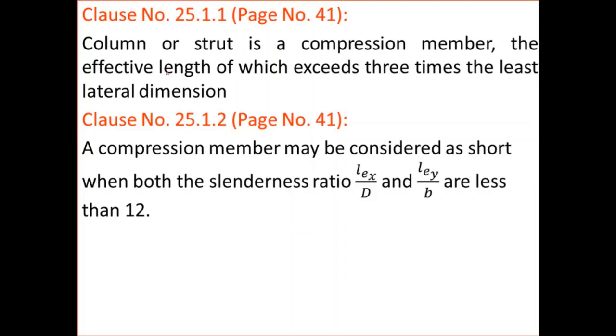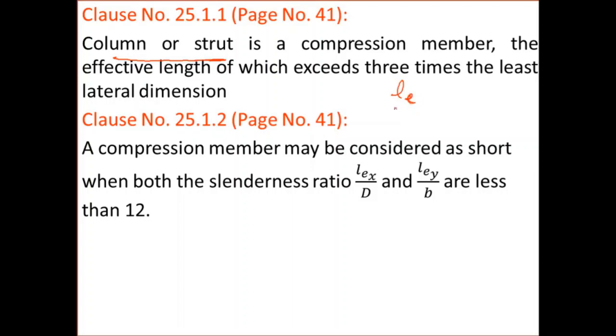The next clause is related to the column. First they have given the definition of column or strut. A column or strut is a compression member, the effective length of which exceeds 3 times the least lateral dimension. Effective length means LE.